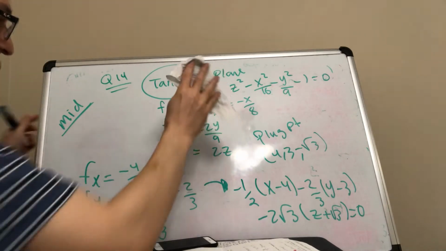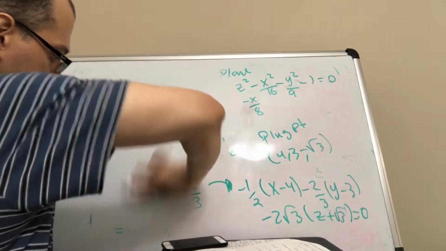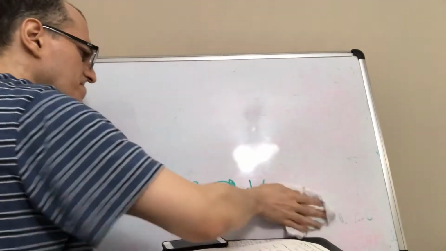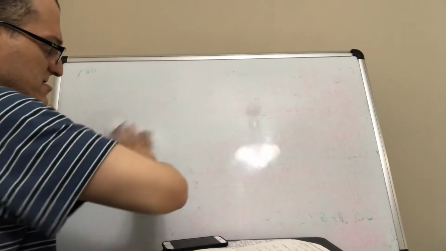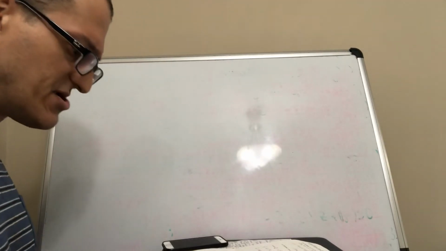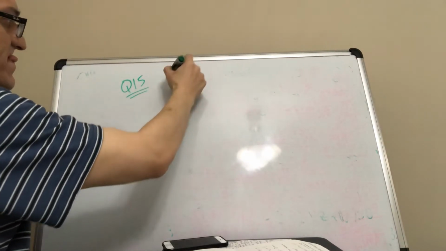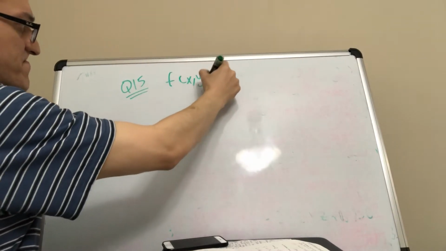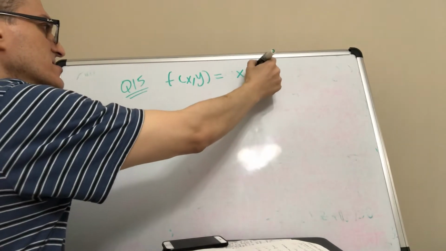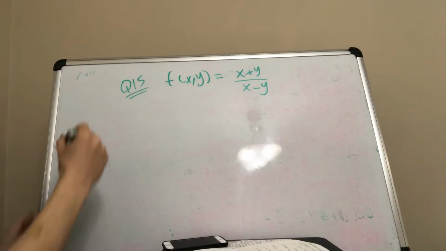Next, linear approximation for the function (x plus y) over (x minus y). I'll give you the formula first.